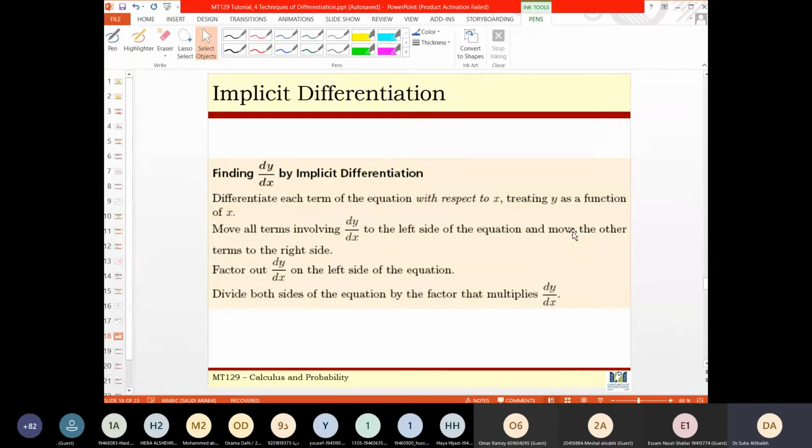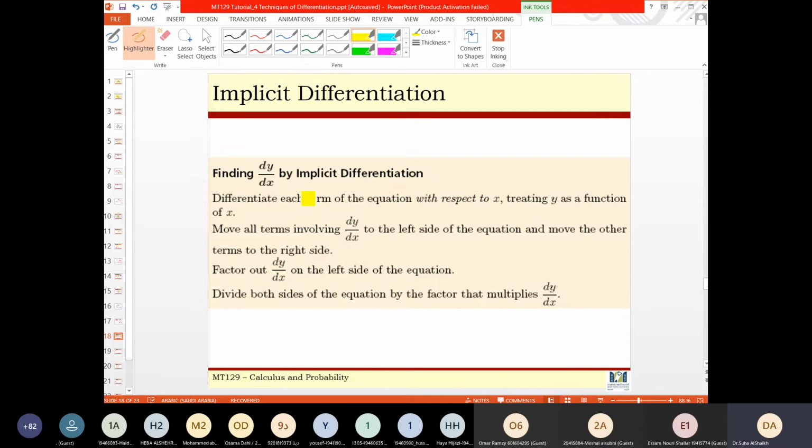Now the idea of the implicit differentiation is that you have a function where x and y are mixed. Not like I have y on one side and x on the other side. No, it's a function where x and y are mixed. In this case, we use a technique.